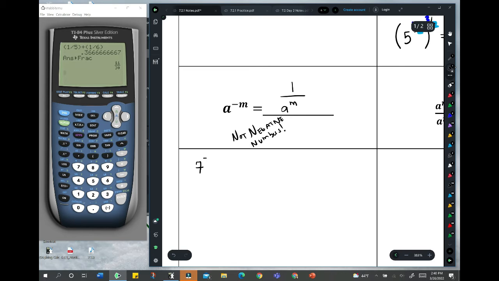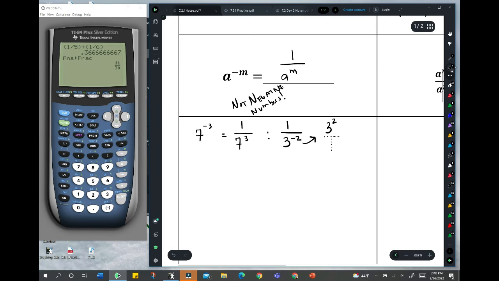So if we had 7 to the negative third, that's the same thing as 1 over 7 to the third. Similarly, if we had 1 over 3 to the negative 2, that goes up and becomes a 3 squared. You don't have to put over 1, but to show the process, that's essentially what it would be.